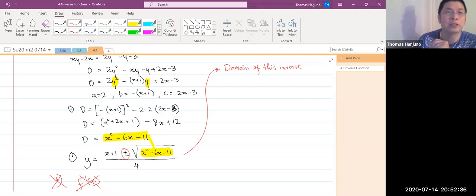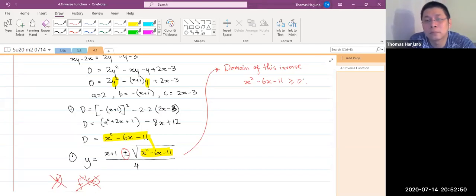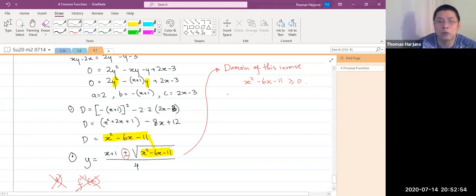The domain of this inverse is x squared minus 6x minus 11 greater than or equal to 0. Okay, now then how do we solve this? Then we go to the method for solving nonlinear inequalities.